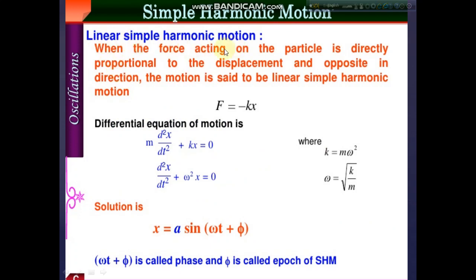Linear simple harmonic motion. When the net force acting on a particle is directly proportional to the displacement and opposite in direction, the motion is said to be linear simple harmonic motion. Here the net force F is directly proportional to the displacement x.